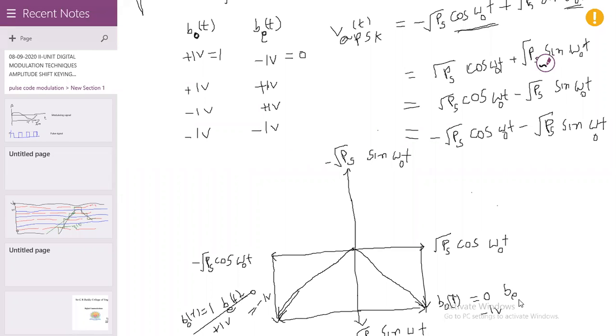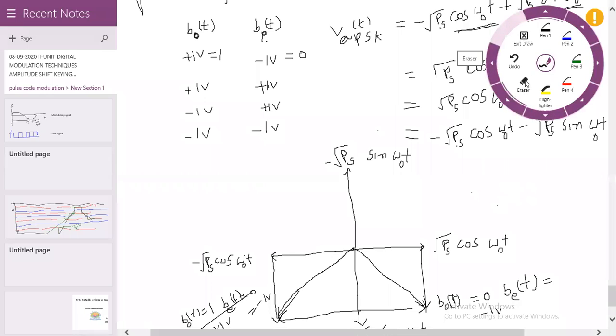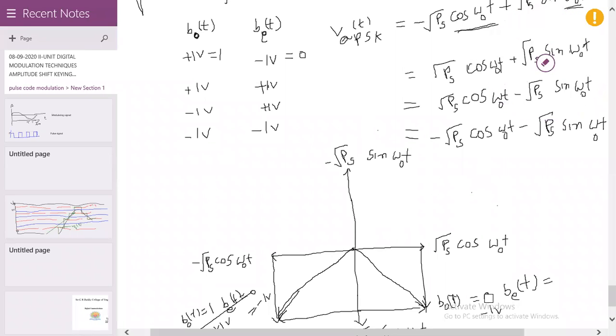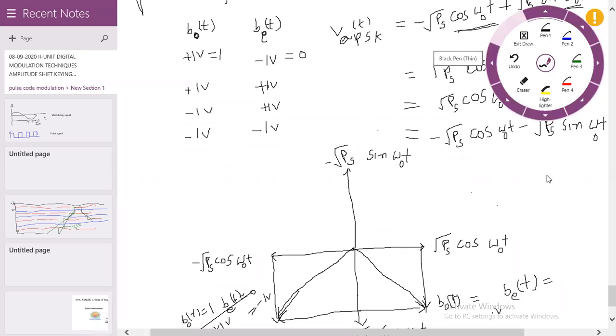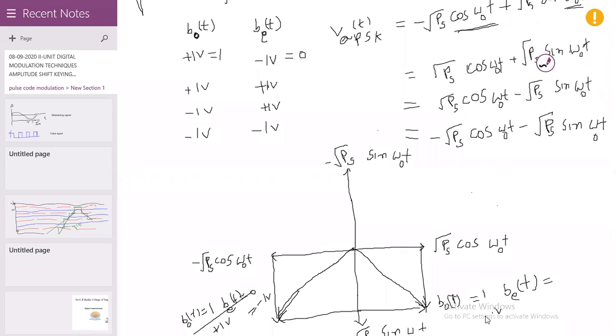V of t, sorry, +1, since it is plus, positive, plus. Here +1 volt, here +1 volt.